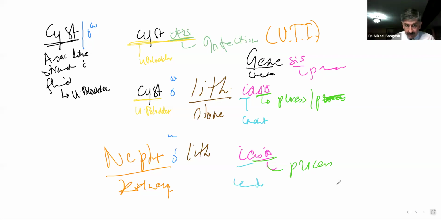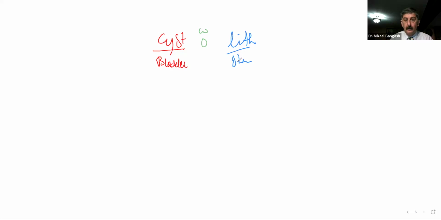Now let's do it this way. Cyst here is just going to be bladder. O is the combining vowel. Lith is stone.